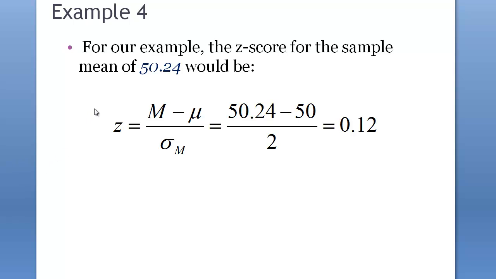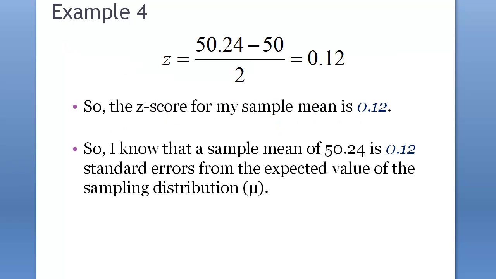So for example, the z-score for the sample mean of 50.24 would be the sample mean minus population mean divided by the standard deviation of the sample mean, which is 2. So it's just like that. So the z-score for my sample mean is 0.12.